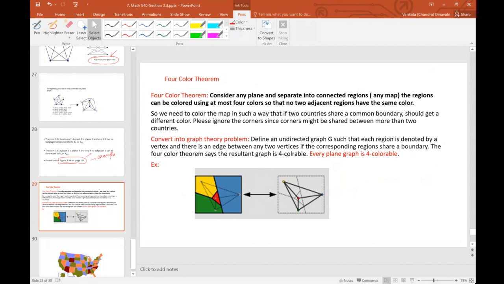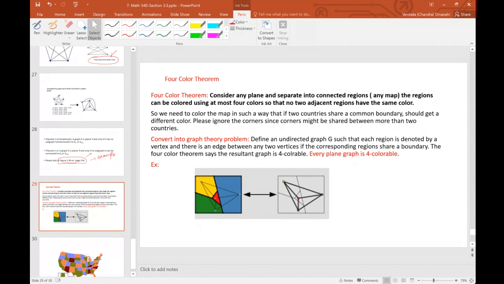So what the 4-color theorem says is, take any map, any complicated map, as long as you want to color it so that 2 adjacent regions have a different color, 4 colors is good enough. By using 4 colors, you can color everything. In fact, for almost all the maps in the world, just 3 colors is enough. There are very few of them where you need the 4th color.